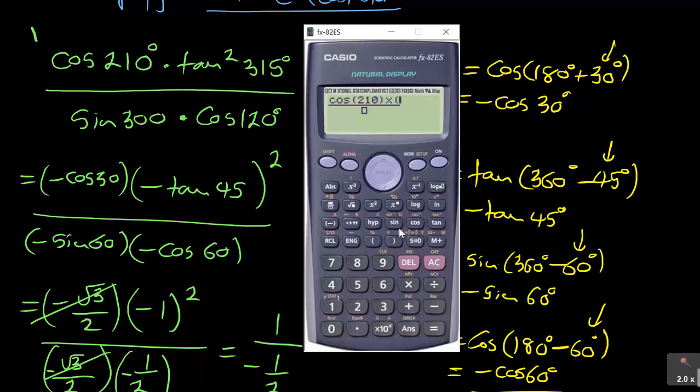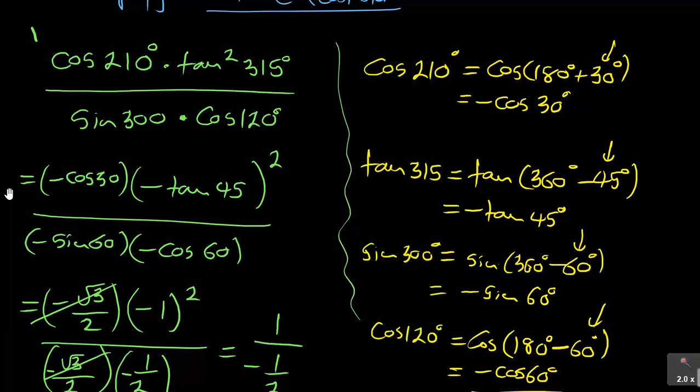That's how you punch it: you say tan 315, close the bracket, then open the bracket and say squared, then you come down here and say sine 300 times cos 120, then you say equal to. You see I'm also getting a negative 2. So that is how you solve this using the reduction rules that we're talking about. So that is the first part.